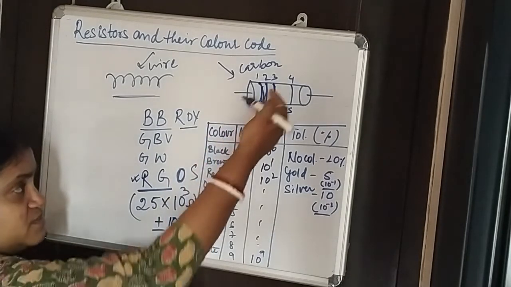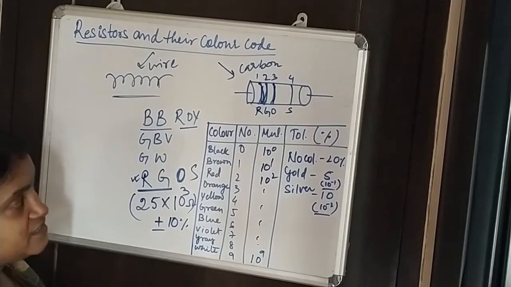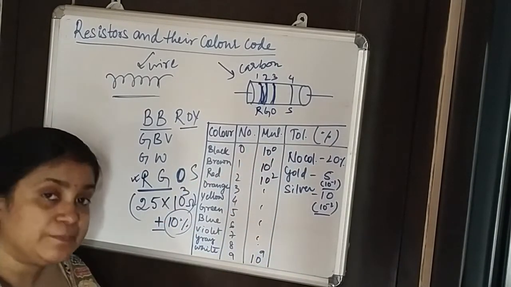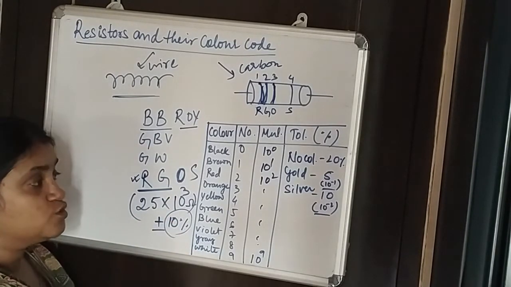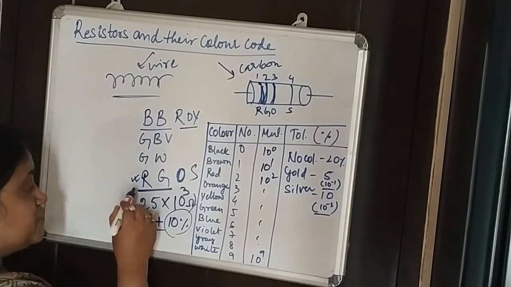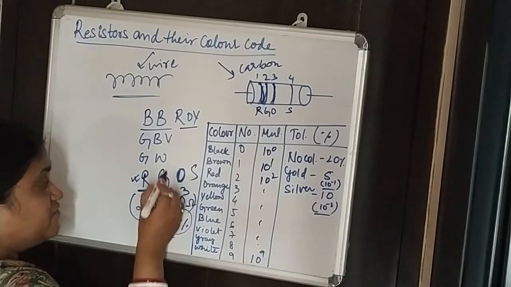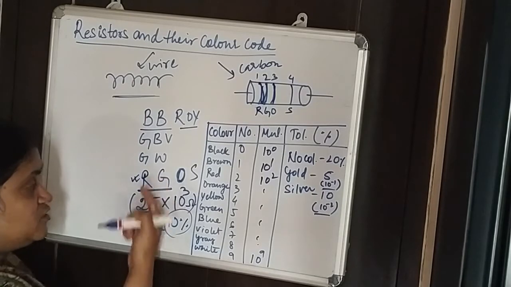Sometimes the fourth line is absent. If the fourth line is absent, there is no color code, then we have to take the tolerance as 20%. If it is silver, then the tolerance is 10%. If it is gold, the tolerance is 5%. The first two codes give me the first two significant numbers, so you just need to put them together.